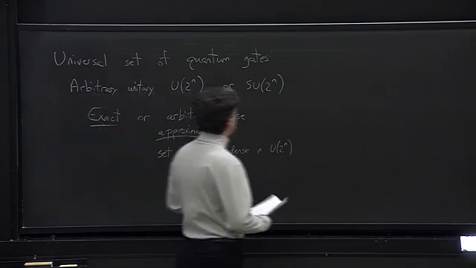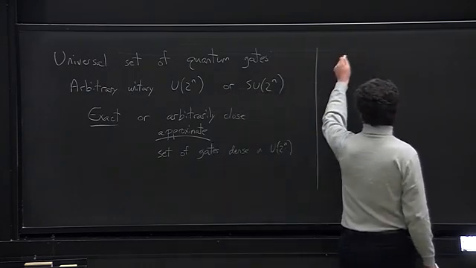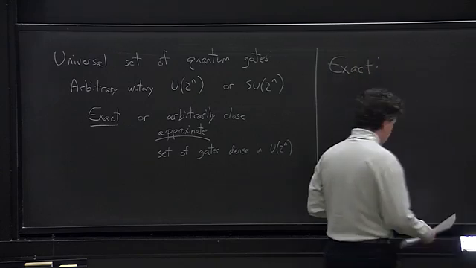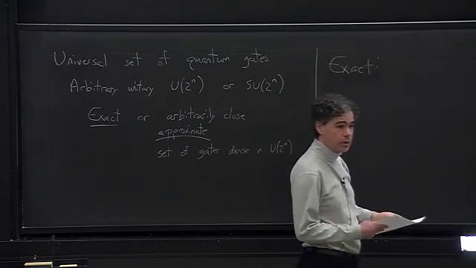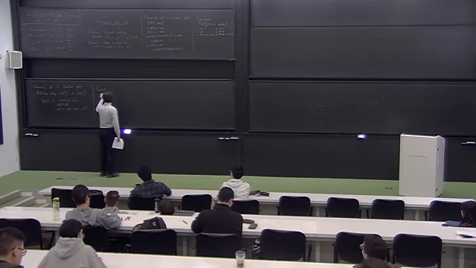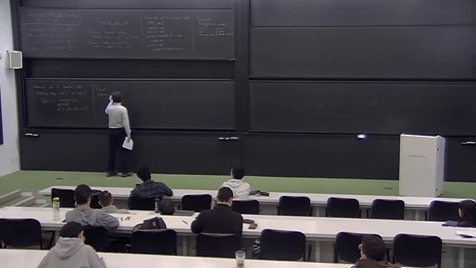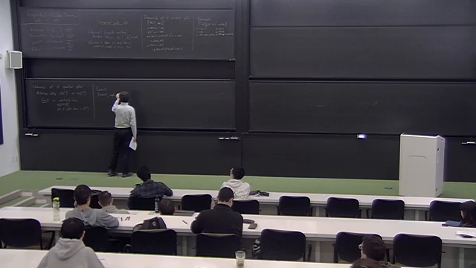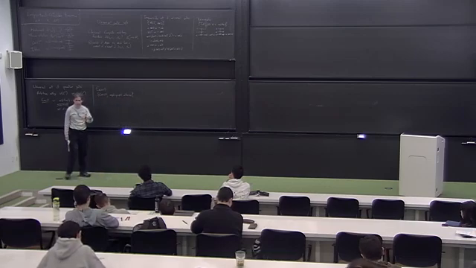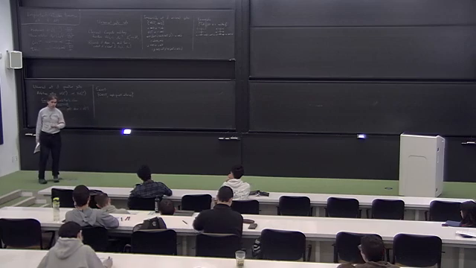OK, so if you want exact universality, then the most common universal set of gates you'll see is CNOT and arbitrary single qubit unitaries. There are other universal gate sets in the literature, but this is a pretty common one.